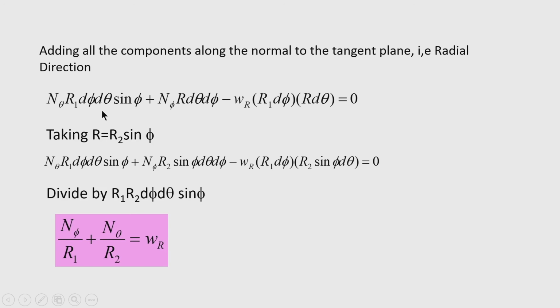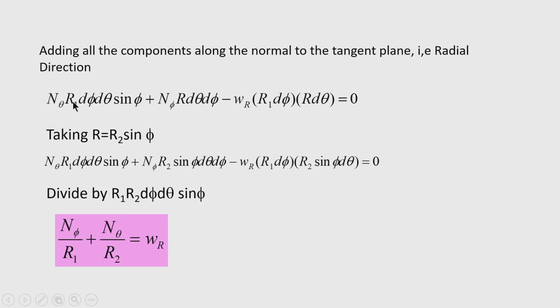Now, here interestingly you can see there is no differential term appearing in the equation of equilibrium. No differential term is coming here, because we will ultimately divide the quantities by the area of the element, d phi d theta into r 1 r.